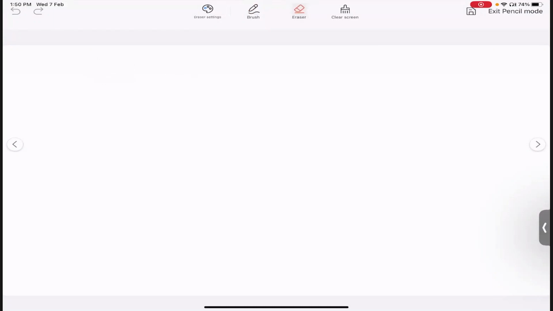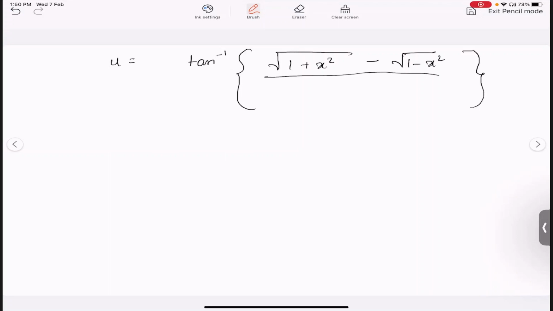Let's simplify the u first. u is equal to tan inverse of (square root of 1 plus x square minus square root of 1 minus x square) by (square root of 1 plus x square plus square root of 1 minus x square).